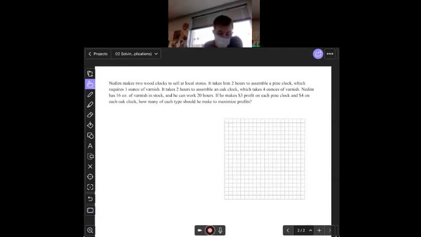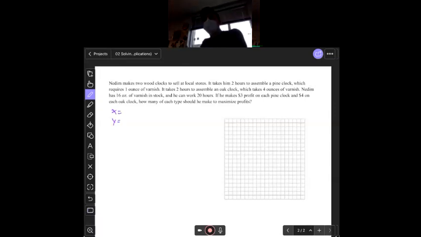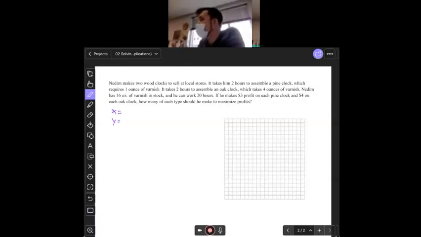The first thing we want to do is figure out what the variables are. What's x going to stand for? What's y going to stand for? So what do we have control over that we don't know?